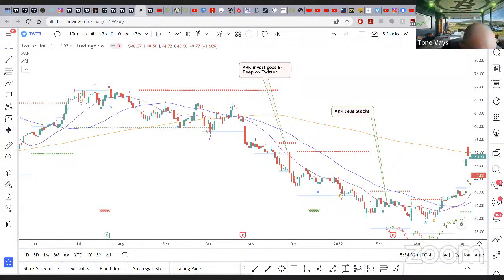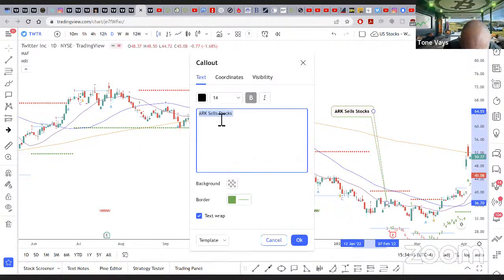When was this? They buy 1.1 million Twitter shares, so $48 million worth, right? But they sold over like 140, right? So ARK sells $170 million of Twitter.